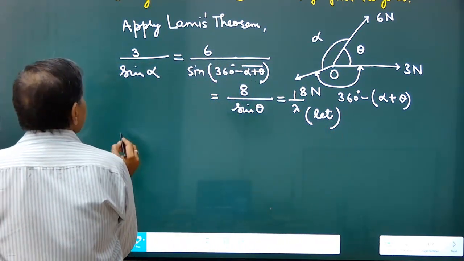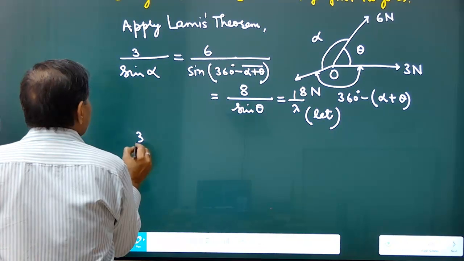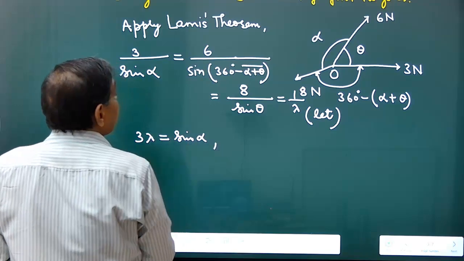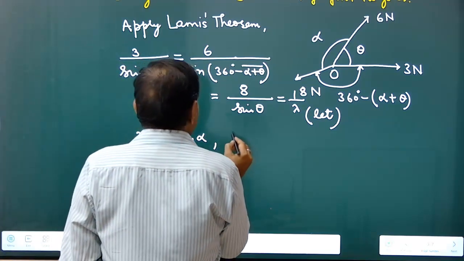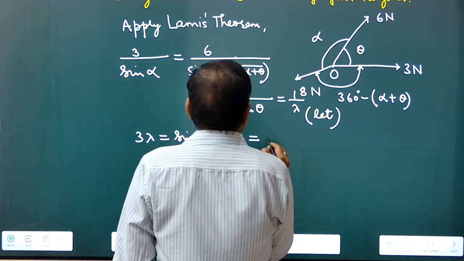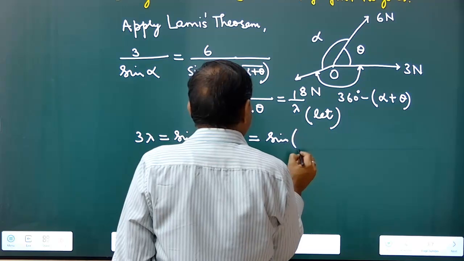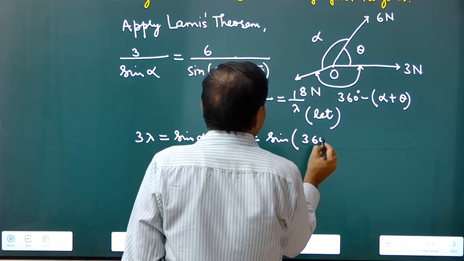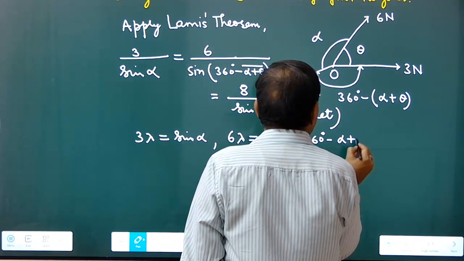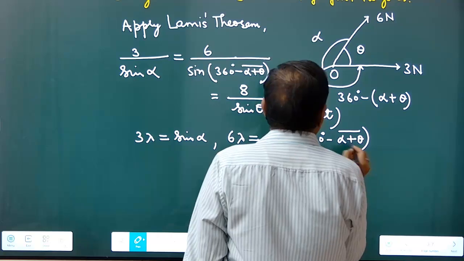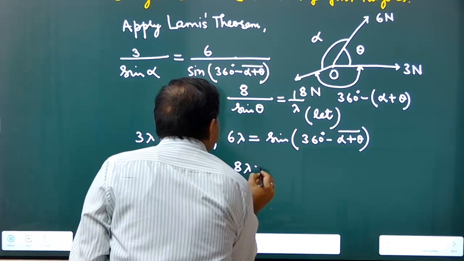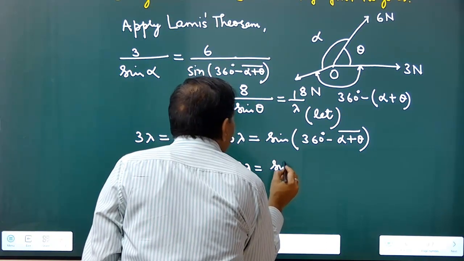So we can say that 3 lambda is equal to sine alpha, 6 lambda is equal to sine of 360 degrees minus (alpha plus theta), and 8 lambda is equal to sine of theta.